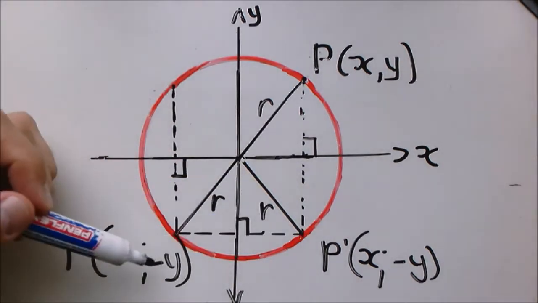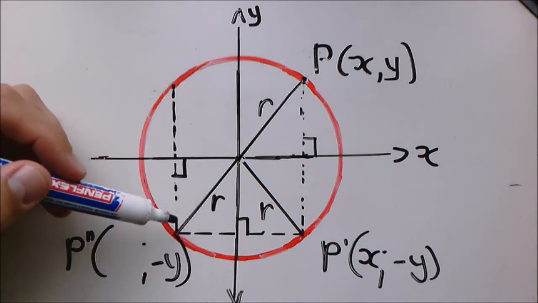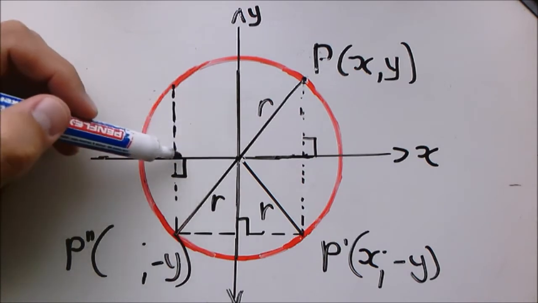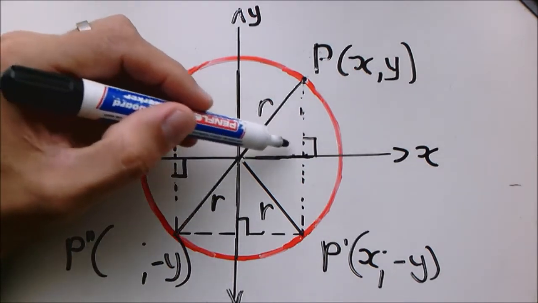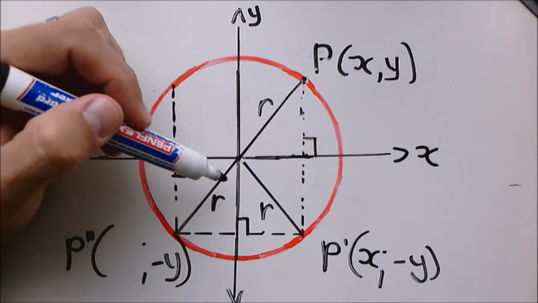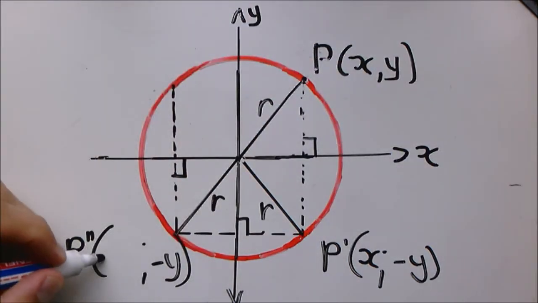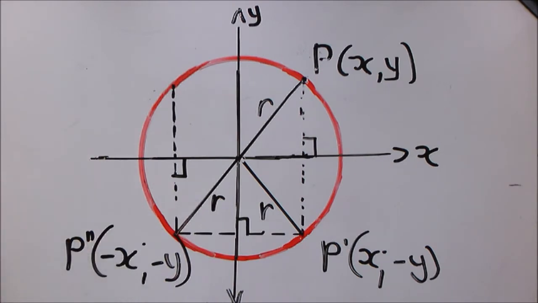You know, it's a horizontal line. If we use Pythagoras, again, we'll get this side to be the same magnitude as that side for these two triangles. But again, we're on the negative side, so this will just be a negative x.